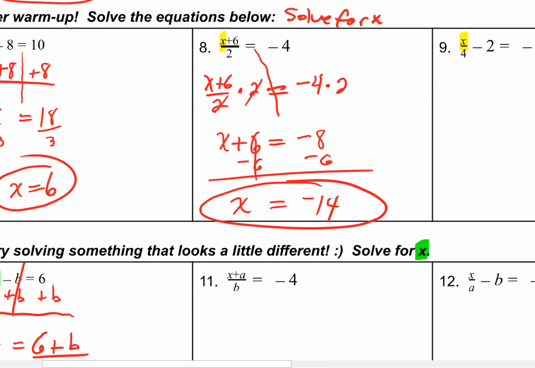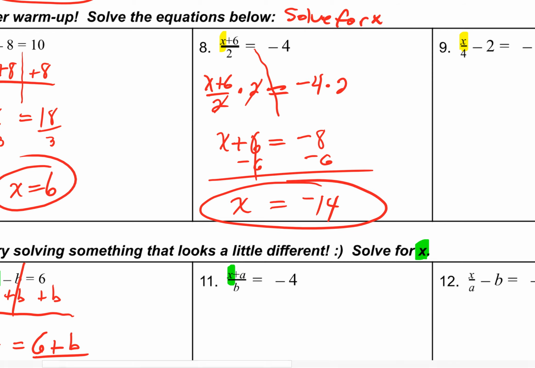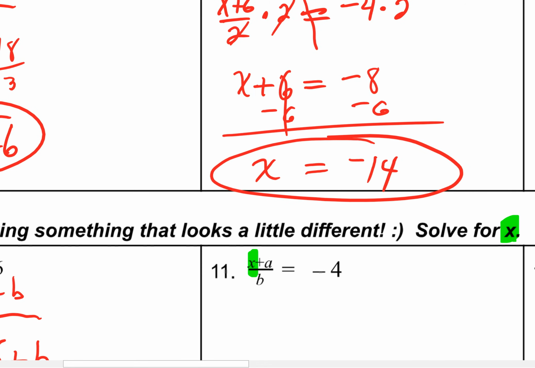When you look at, say, number 11, very, very similar situation right here. Look at this left-hand side, guys. The last thing you would have written would be that b there. That's the last thing that you would have set the equation up with. When we're solving an equation, we're really undoing its setup.